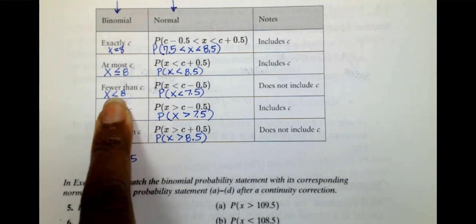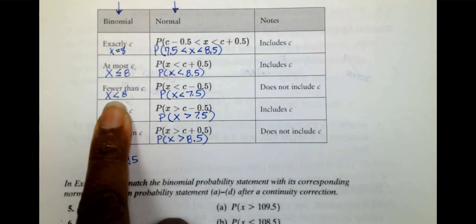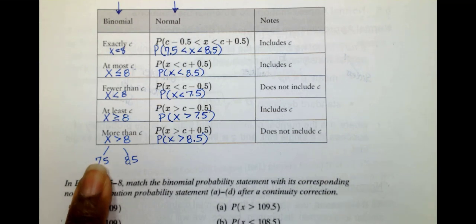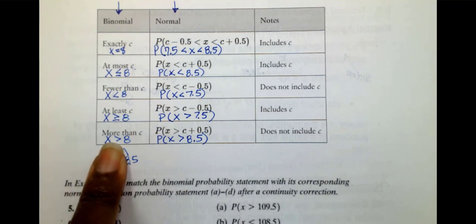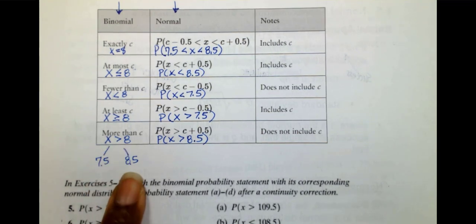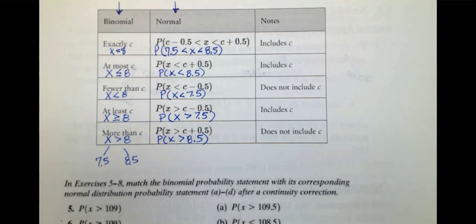If it doesn't include a number, we're going to choose that number that the arrow is pointing to. So this is fewer than C. I don't want C, so I want to choose a number on the left. This is more than C. I don't want C. I'm going to choose a number on the right. And then it's going to be opposite when we have the equal sign.